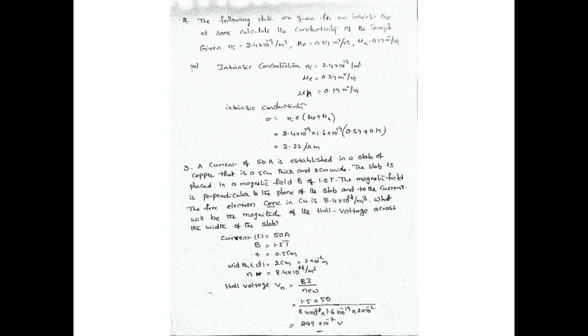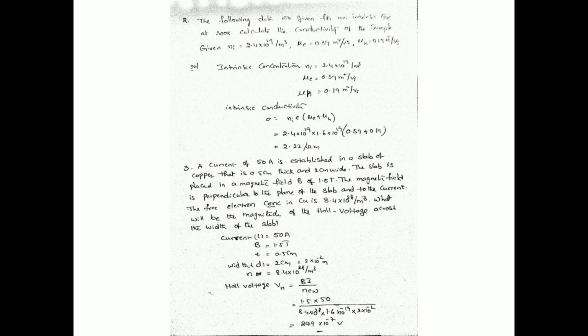Intrinsic conductivity formula: sigma is equal to ni e into (mu e plus mu h). Here mu e is the mobility of electrons, mu h the mobility of holes. You substitute all those values and you obtain the answer 2.22 per ohm meter.